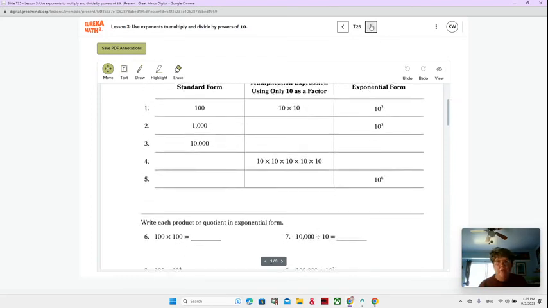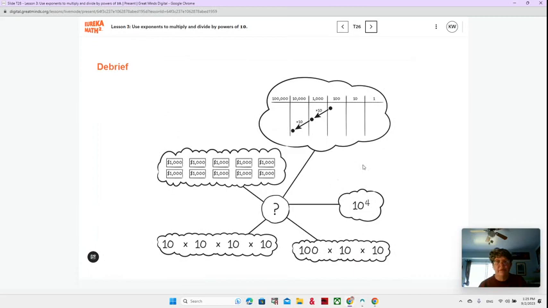Okay, and then one more thing I wanted to show you. Look at this cool graphic we have here. Let's just look at it for a minute. Now you see we have all these numbers, but there's a question mark here in the middle. So what number goes in there?